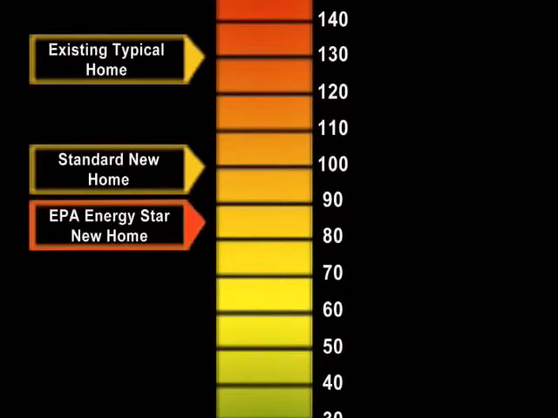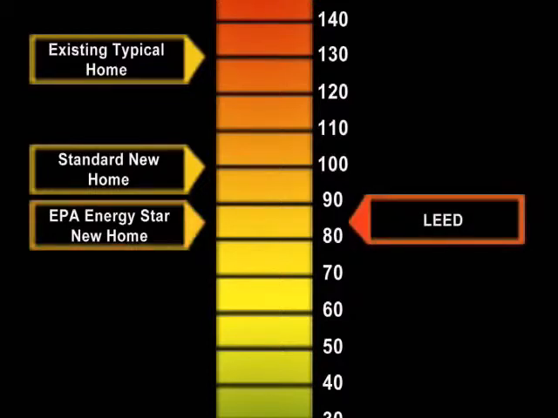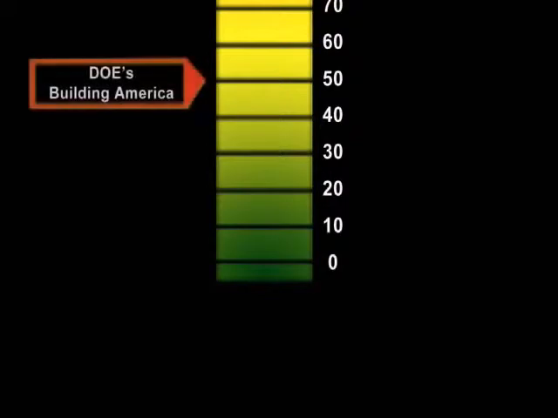The EPA's Energy Star standard for a new home, at 85, uses 15% less energy than the average new home. The U.S. Green Building Council's LEED program begins with the same energy goals as Energy Star. Some of its higher ratings use less energy. The Department of Energy's Building America program reduces home energy use by 40 to 50%.